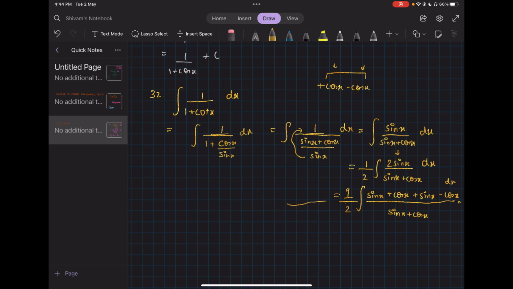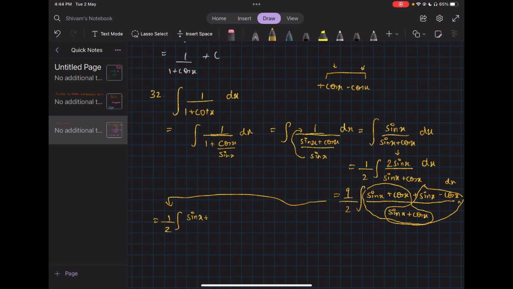Now I'm just going to move it to the left so that we have more space. And now we're going to split the fraction. We take these two terms with the denominator first, and then these two terms. So 1 by 2 of course goes to both of them. We still have to integrate.